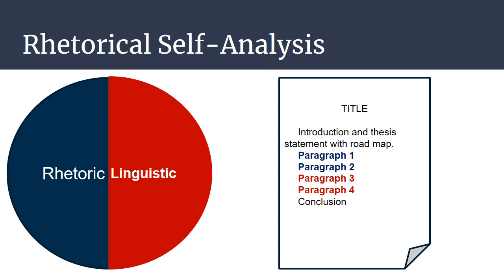What are your strengths or weaknesses? And then you'll maybe have some paragraphs that talk about the rhetorical skills that you use in your writing. What are your strengths and weaknesses in rhetoric? Then you'll probably have some paragraphs that talk about your linguistic analysis, word length, sentence length, vocabulary, and you'll analyze yourself in that way and what are your strengths and weaknesses there. And then you'll have your conclusion paragraph.